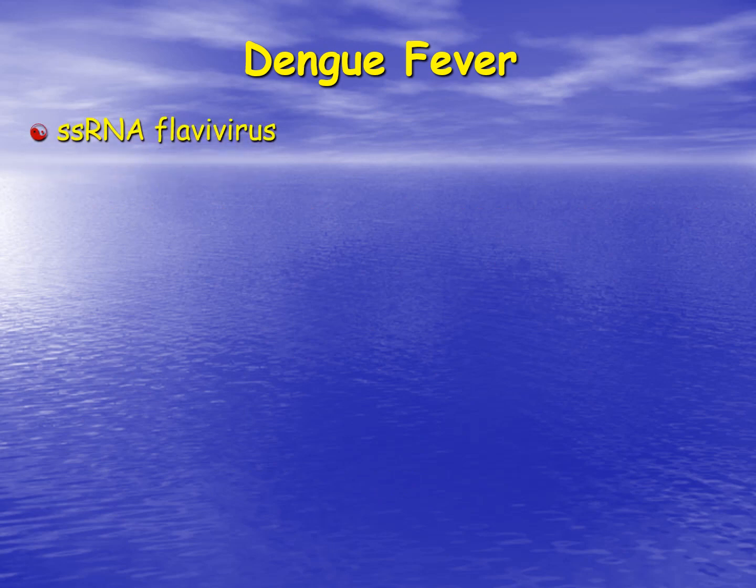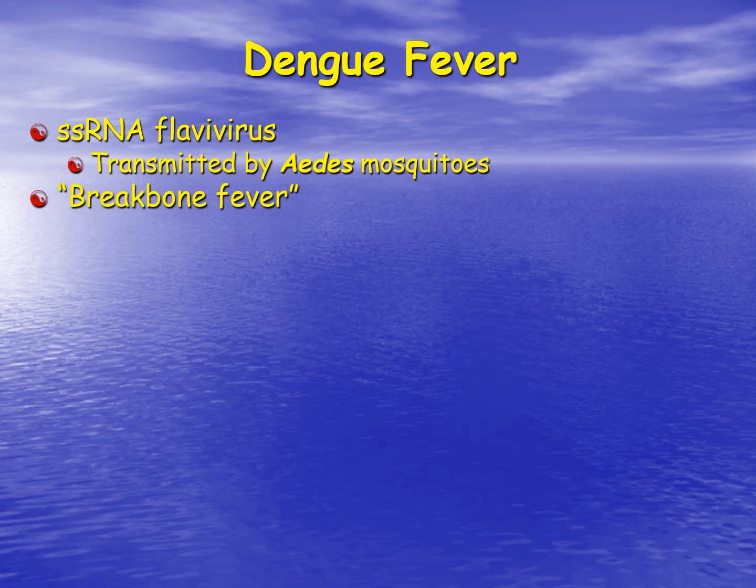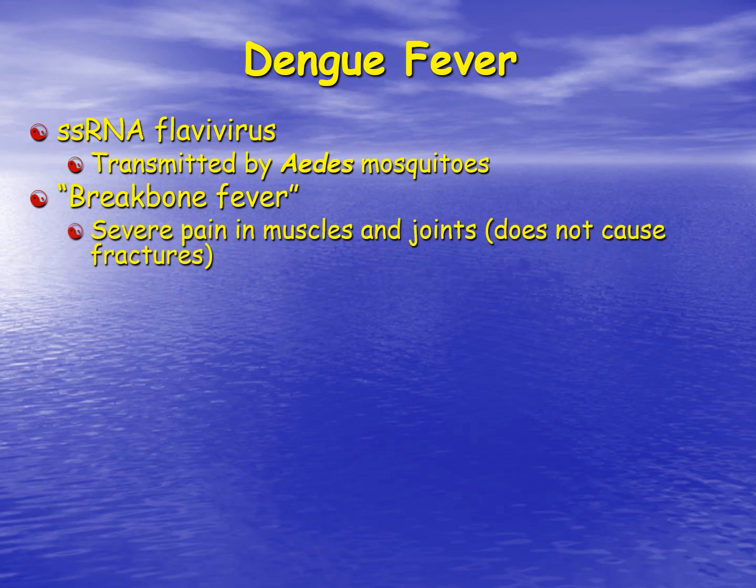Dengue fever is a single-stranded RNA flavivirus also transmitted by the Aedes mosquitoes. It is sometimes called breakbone fever because we see severe pain in muscles and joints. This actually doesn't cause fractures, but it almost feels like you could actually break a bone from the severe pain.